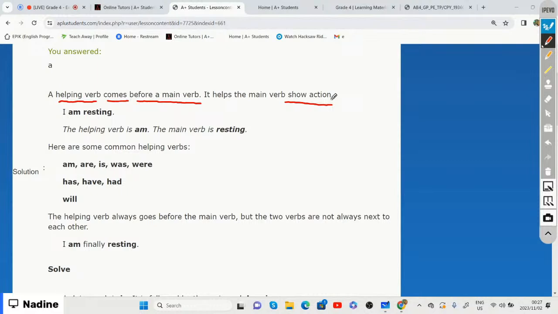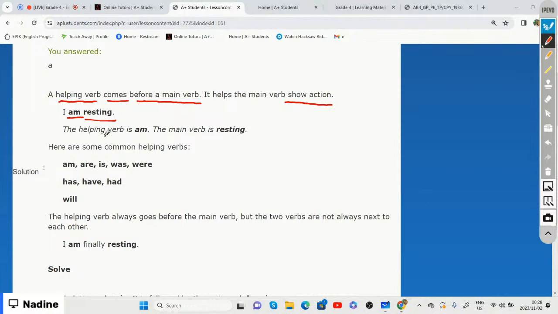And an example of this is going to be both main verb as well as helping verb, right? So I am resting. So the words am and resting are our helping verb as well as our main verb.